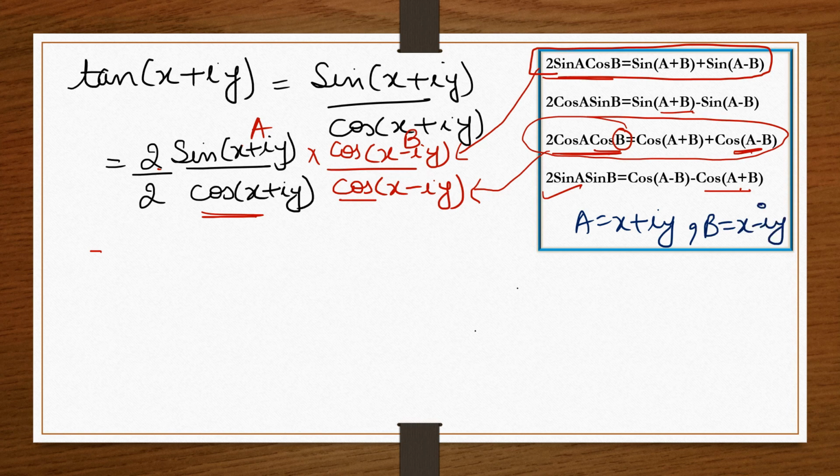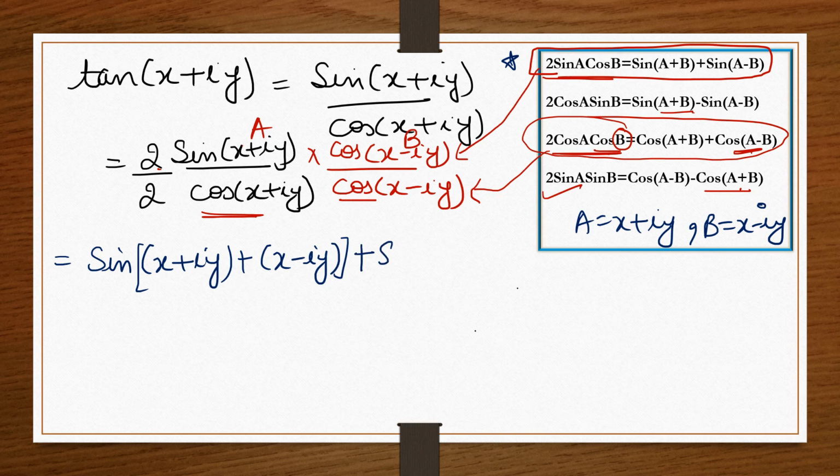Now apply the formula. So apply this first formula, this one. This is sine(A plus B), A means x plus iota y, B means x minus iota y, plus sine(A minus B), which means (x plus iota y) minus (x minus iota y).